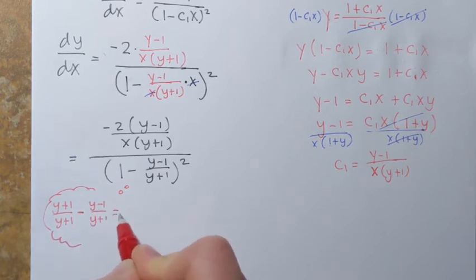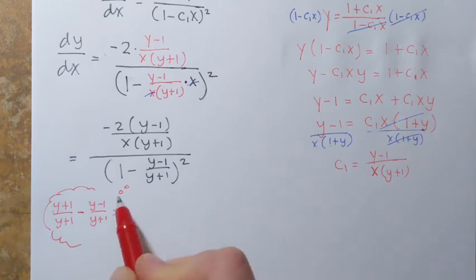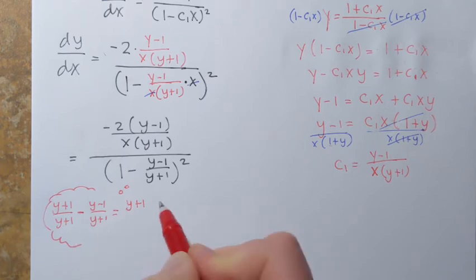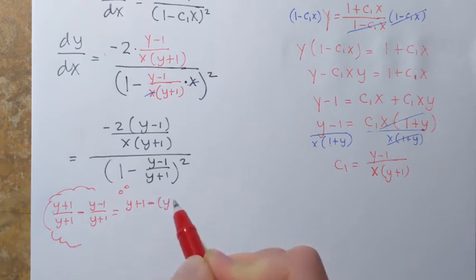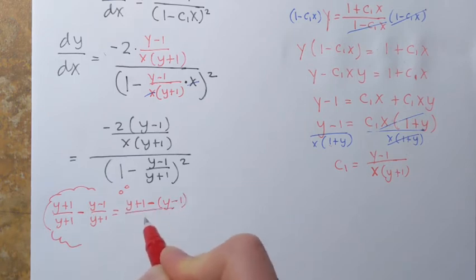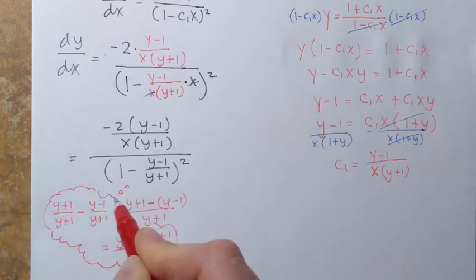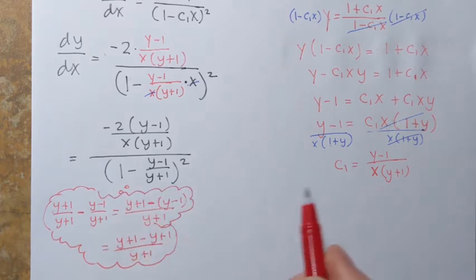I have to be careful here because of the minus, so I'm putting y minus 1 inside the parentheses not to lose any signs. Now I will distribute the negative, so it's y plus 1 minus y plus 1 over y plus 1. That's all inside the parentheses here.